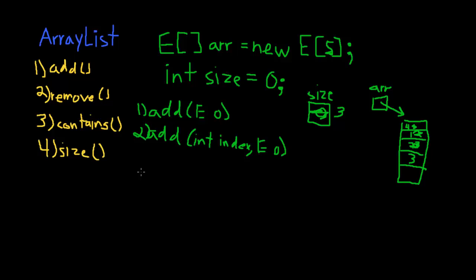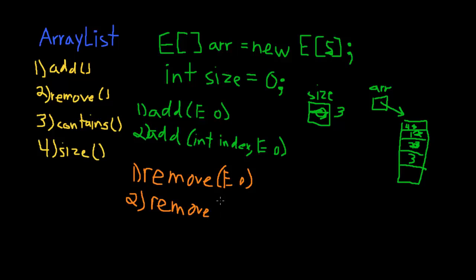So that's that. Now I'm going to talk about the remove method. So with remove methods in general, we'll have one that takes as a parameter an object of type E, and a second one that takes in an index.